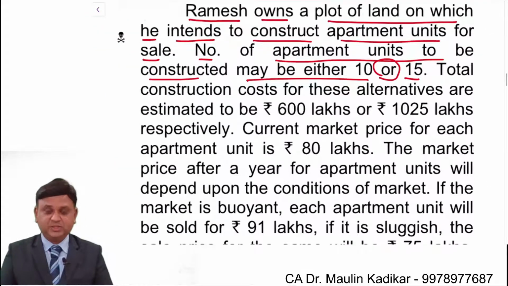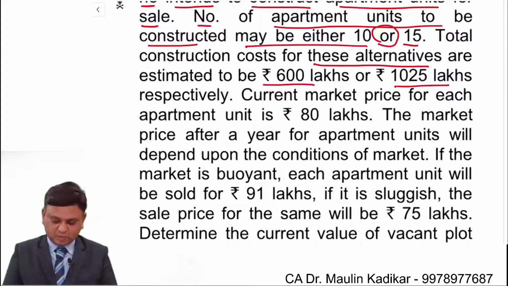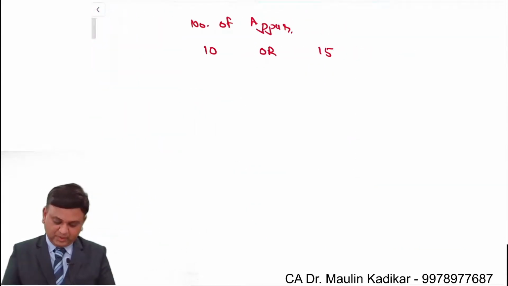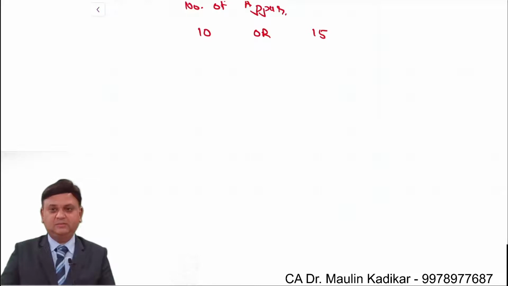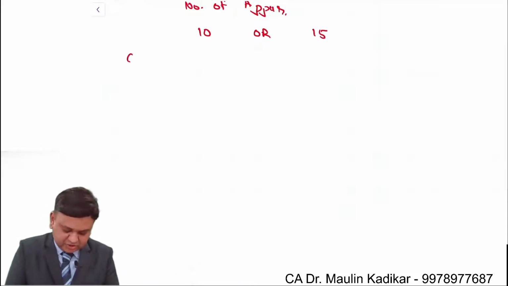The total construction cost for these alternatives is estimated to be 600 lakhs or 1025 lakhs respectively. So we have been provided with the information about the construction cost.